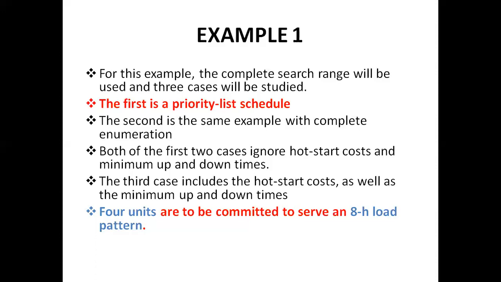The third case, case 3, includes the hot start cost as well as the minimum up and down times, constraints that we add in order to find the total cost.